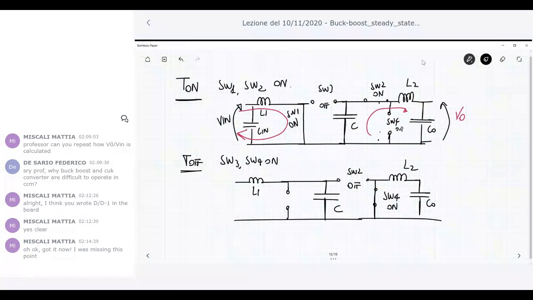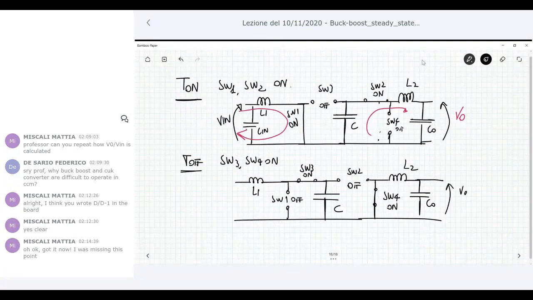Switch 4 on, switch 2 off, switch 3 on, and switch 1 off. V in, C in.